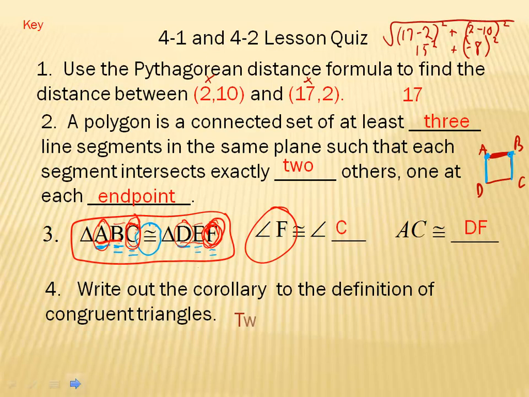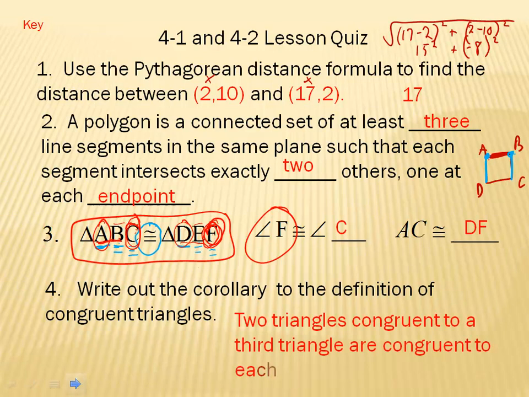Alright, write out the corollary to the definition of congruent triangles. Two triangles congruent to a third triangle are congruent to each other. So let's say I've got this triangle is congruent to triangle 2 here, and if I have triangle 3 here, that's also congruent to triangle 2.